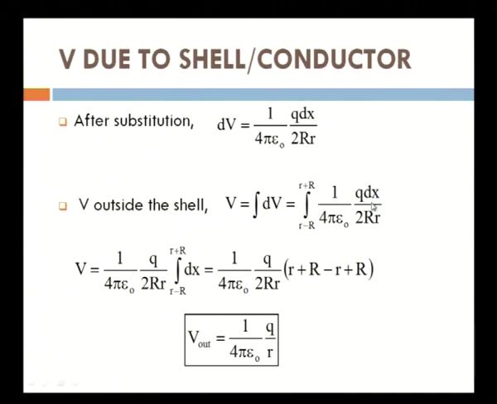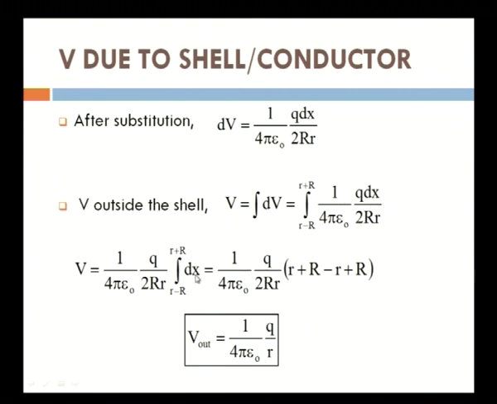So, we carry out the integration. All the terms, q, r, capital R, 2 and 1 by 4 pi epsilon naught, are found to be constant except this dx.